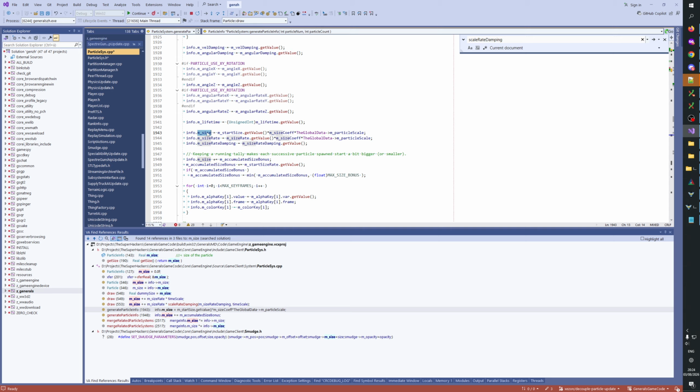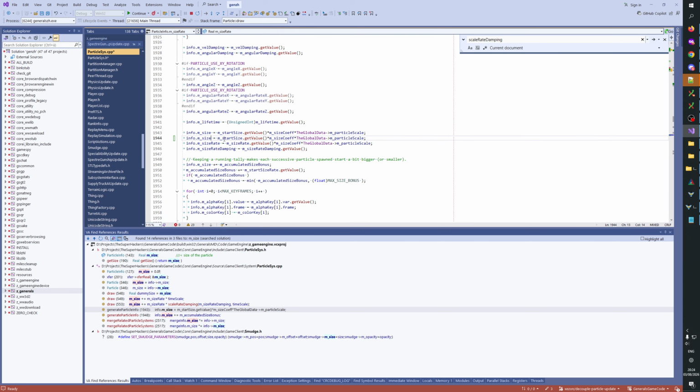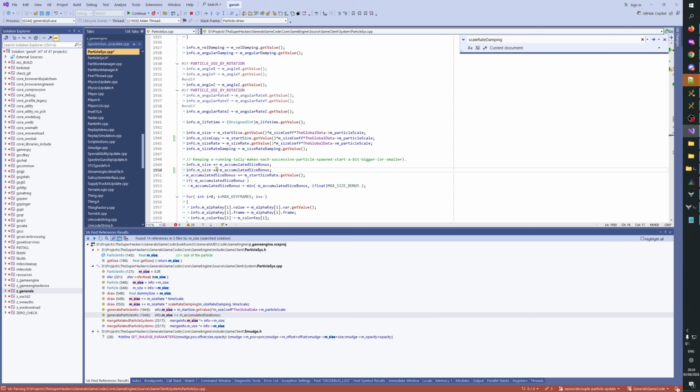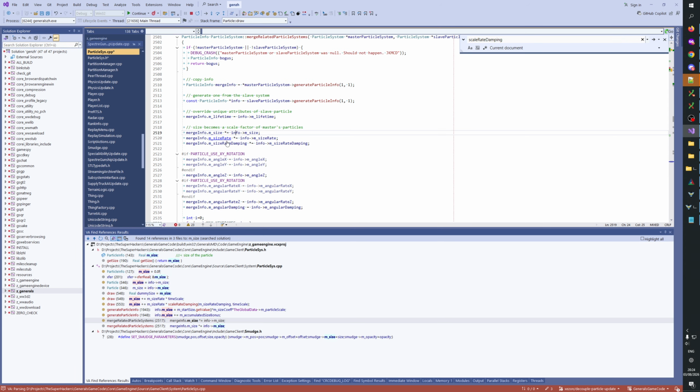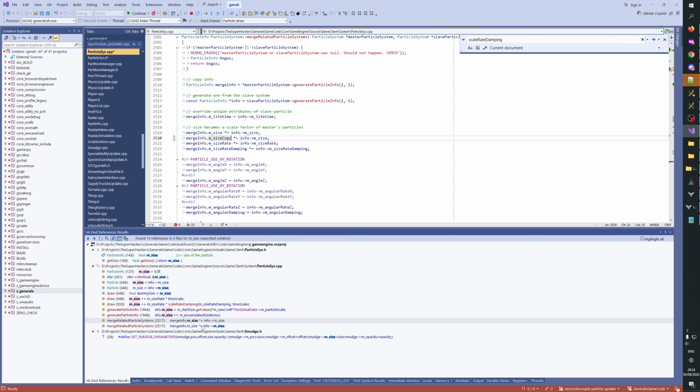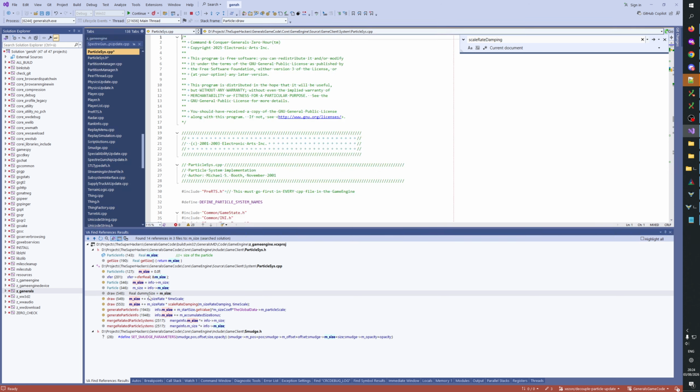Okay. Then here we make also size copy, everything the same. Yeah. Here, size copy. Here. And that's it. So now we have a perfect copy.